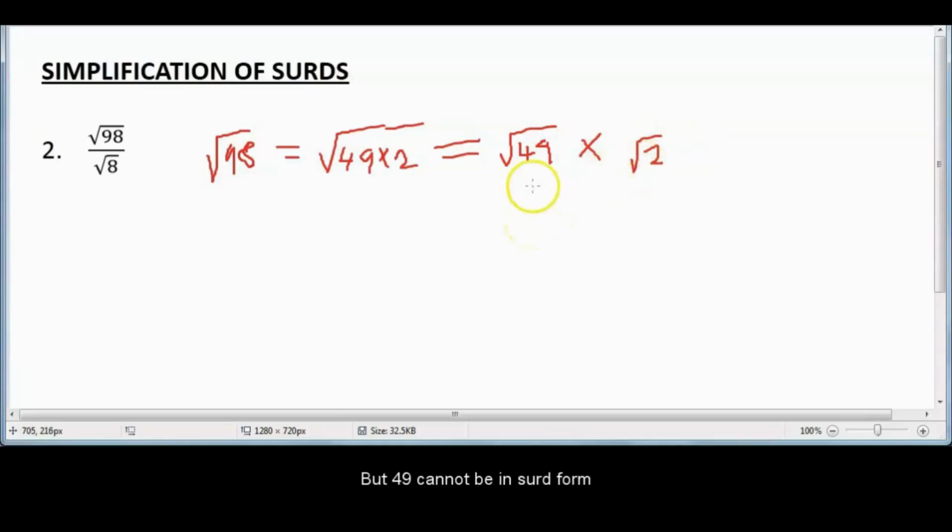But 49 cannot be in surd form because its exact value is known. The square root of 49 is 7. So root 49 times root 2 now becomes 7 times root 2, which is the same thing as 7 root 2.